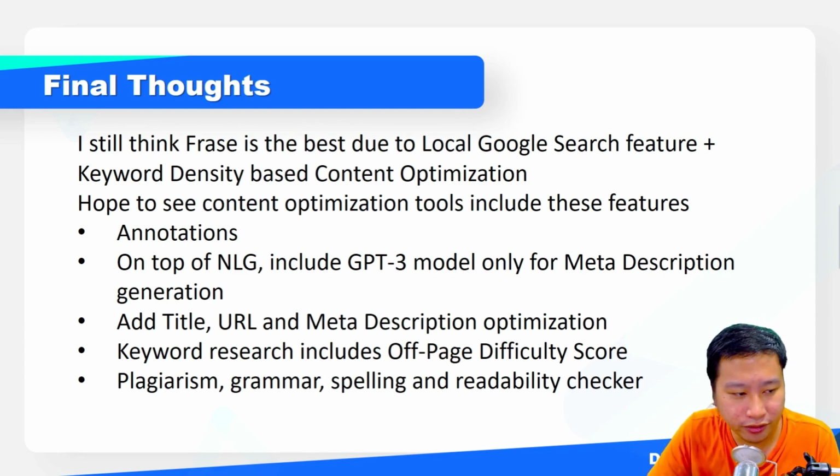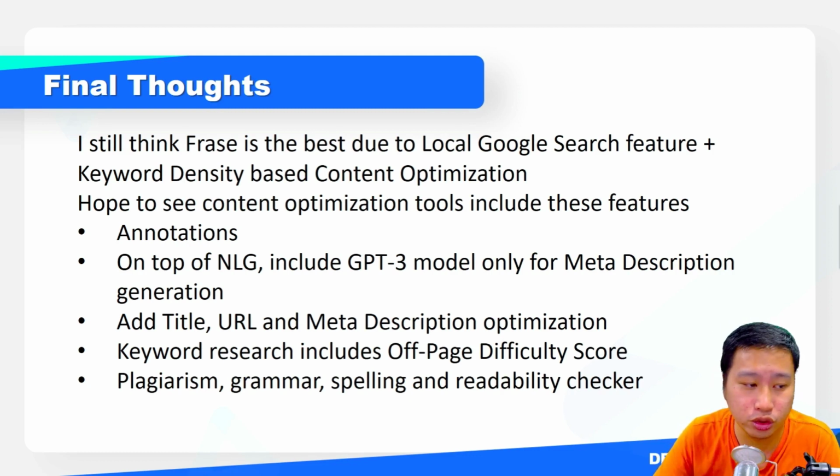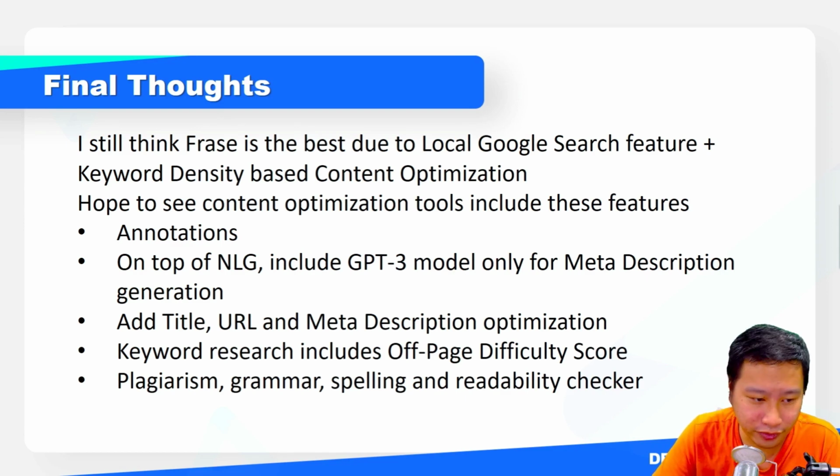Okay, and Phrase and WriterZen as well should include title, URL, and meta description optimization, because that's going to help you, especially with the URL optimization. It's going to help you rank higher much faster.